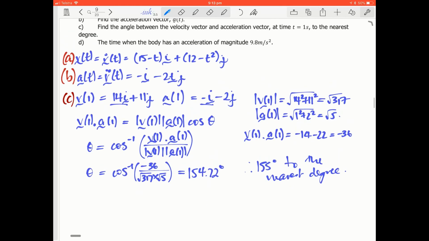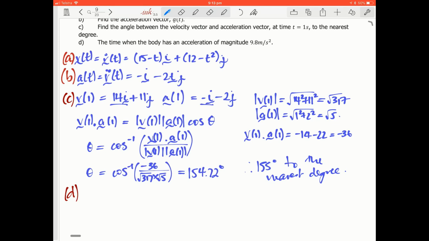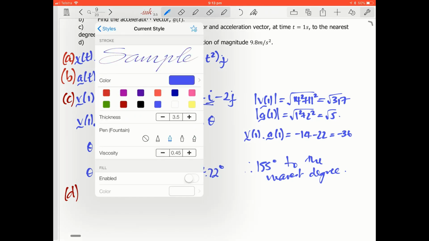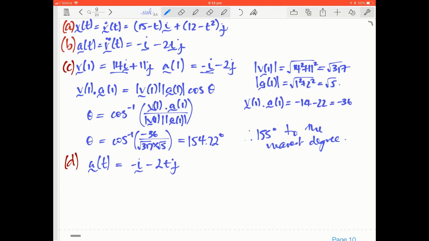Okay, what's our last? The time when the body has an acceleration of magnitude 9.8 meters per second squared. Acceleration magnitude. Okay, so magnitude means the size of acceleration. So our acceleration is given by negative i minus 2t j.